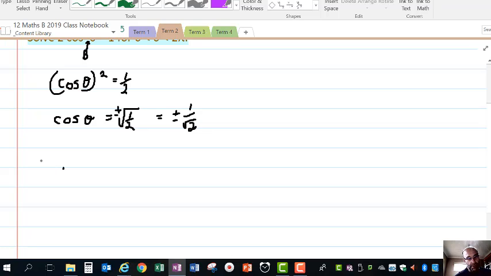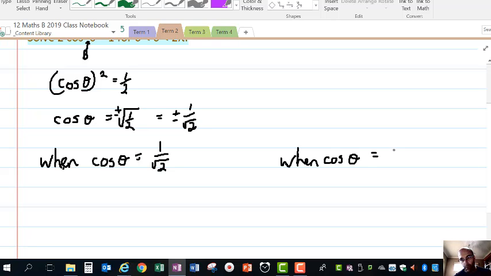So let's put it into its 2 cases. When cos theta equals positive 1 over root 2, we're going to work on that, and over here we're going to work on the other case when cos theta equals negative 1 over root 2.